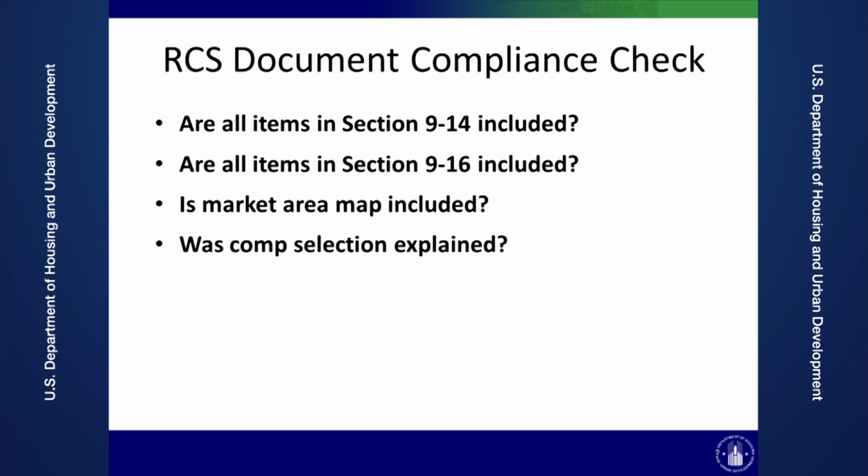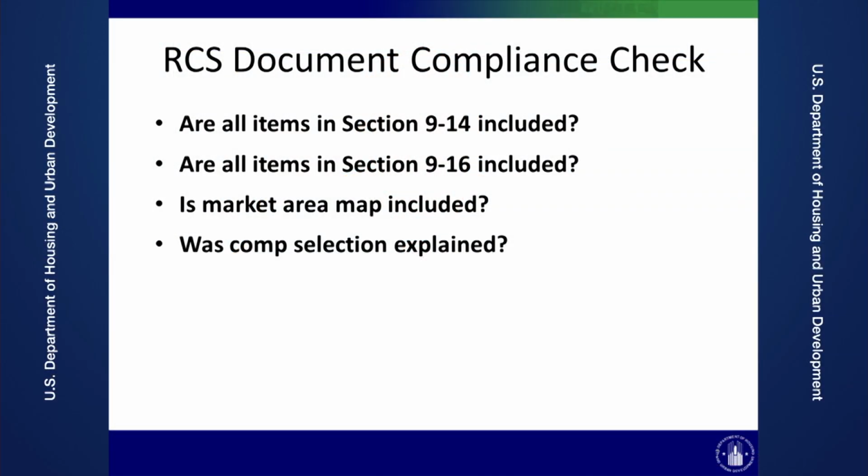So, the next questions that the initial reviewer is going to be asking is, are all the items in 9-14 included? Again, a simple yes/no answer. If they're included, we're good. If they're not included, the appraiser needs to submit it. Are all the items in 9-16 included? Again, yes/no. Is the market area map included?